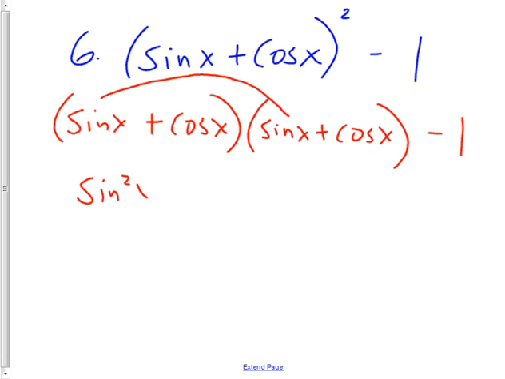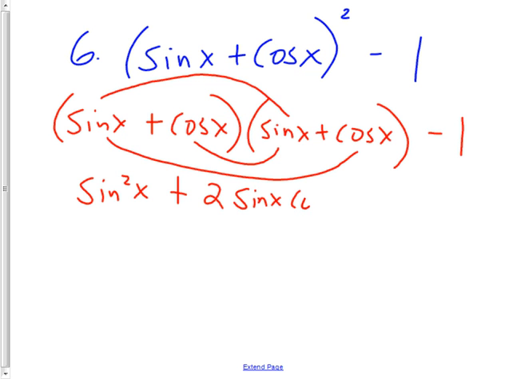Sine squared x plus, now this part I do together, sine cosine, cosine sine, it's the same exact thing. So it's 2 sine cosine. And then the last, plus cosine squared x. All of that minus 1.